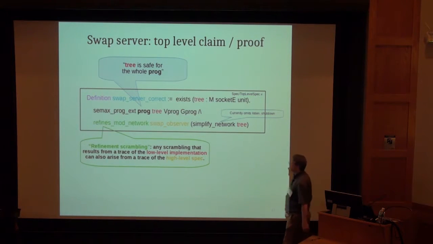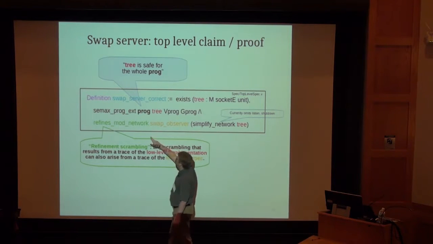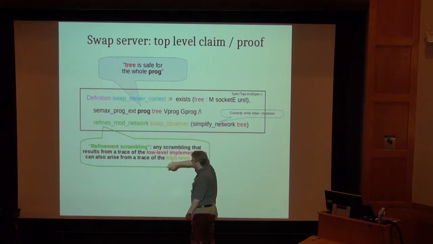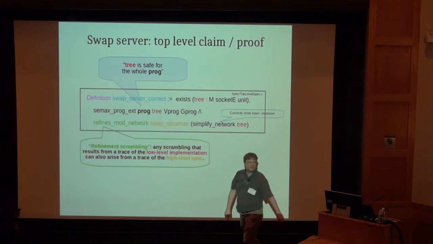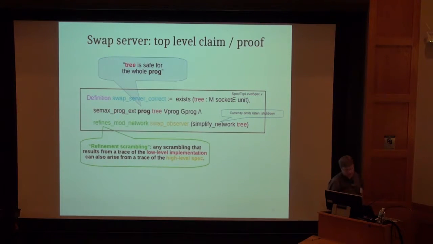And in particular, this notion of refinement includes this network scrambling of messages that Benjamin outlined, which roughly corresponds to something like the linearizability that Zach discussed this morning.